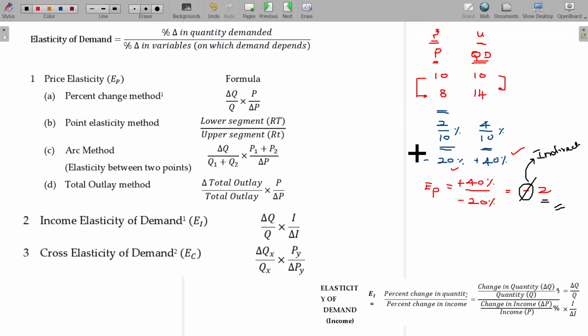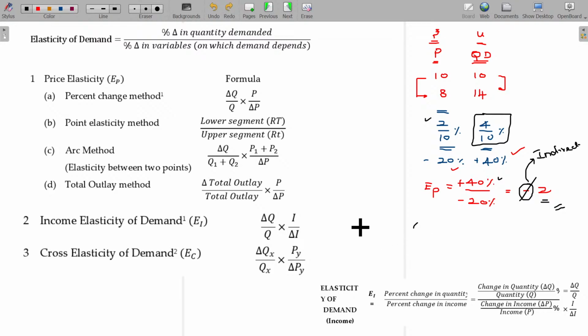Now, can the things I spoke about here be put in formula form? Let's see how. The 2 is nothing but the 40 divided by 20. This 40 is coming from the change in quantity demanded of 4.